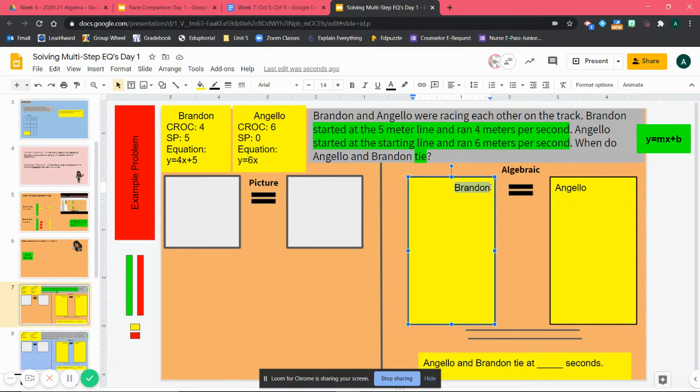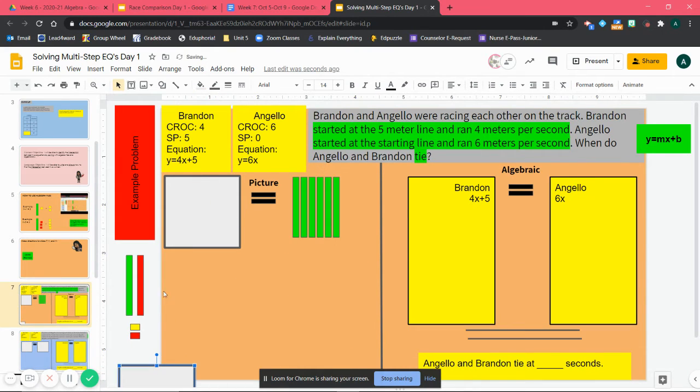The way that I do that algebraically is I write Brandon's equation, 4x plus 5, and it's equal to Angelo's equation, which is 6x. If I move these out of the way, I can actually see the algebra tiles in the picture of that setup. So I have 4 x's plus 5 equals 6 x's.